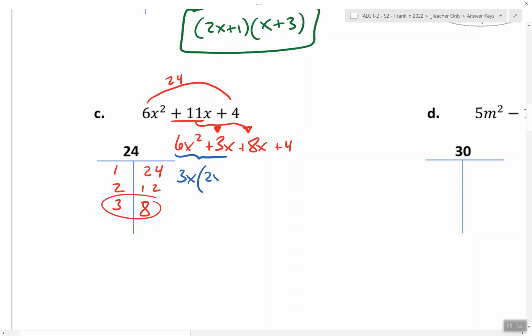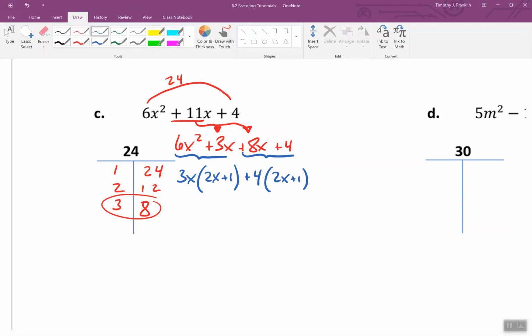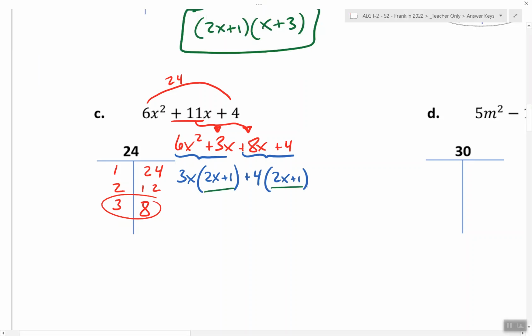That leaves us with 2x plus 1. From 8x plus 4, we can take out a 4. And that again leaves 2x plus 1. So there's your first factor, 2x plus 1. And what's left is 3x plus 4.